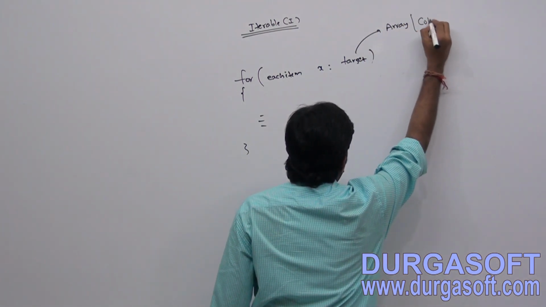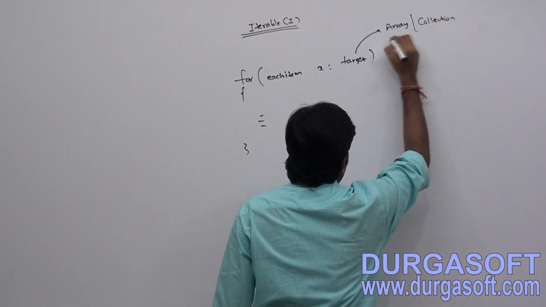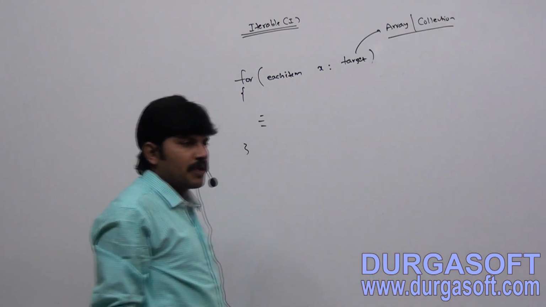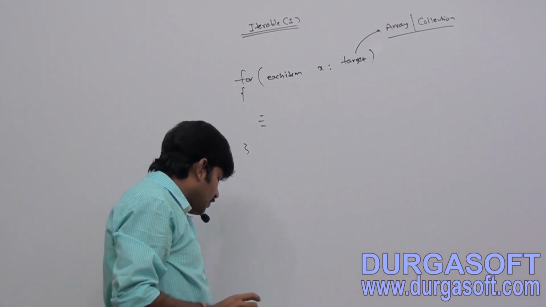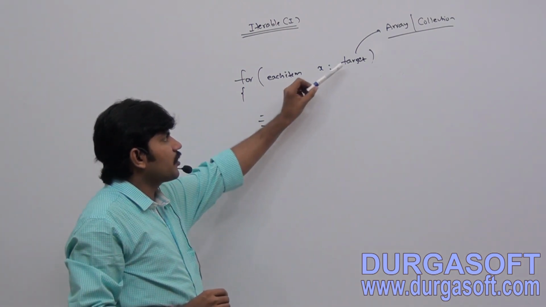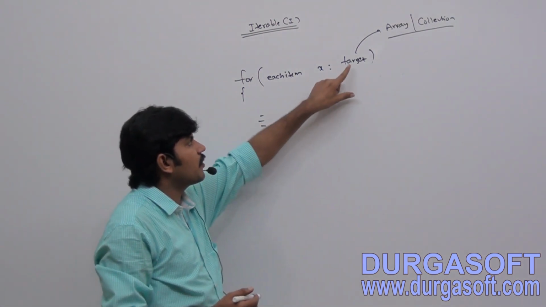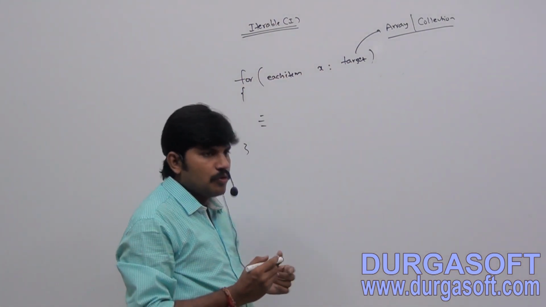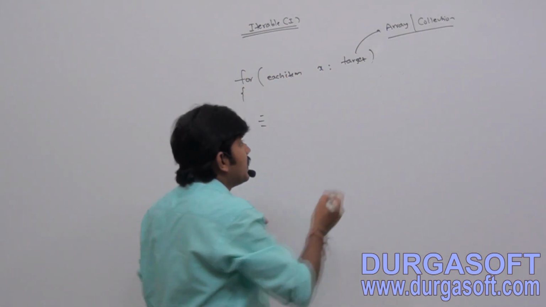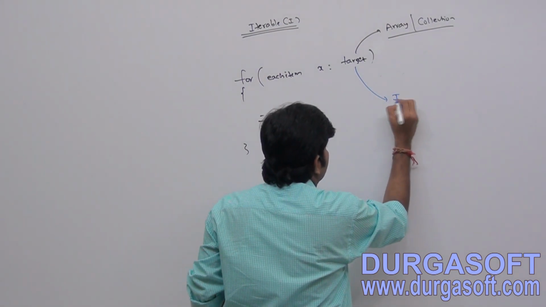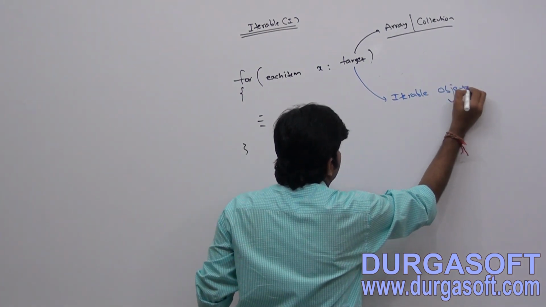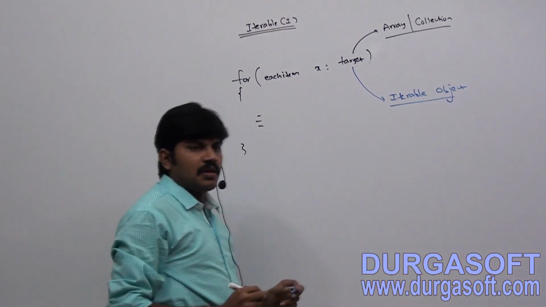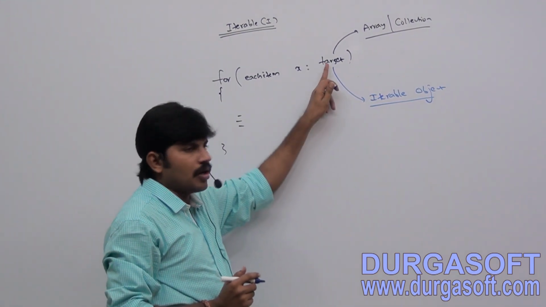The target element in a for each loop can be either an array or a collection. The target element we are using in the for each loop should be an iterable object.